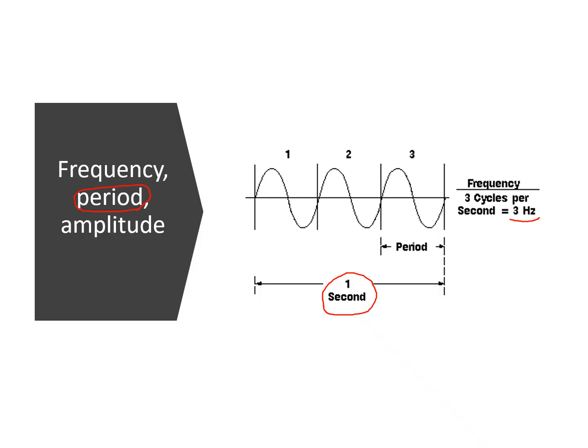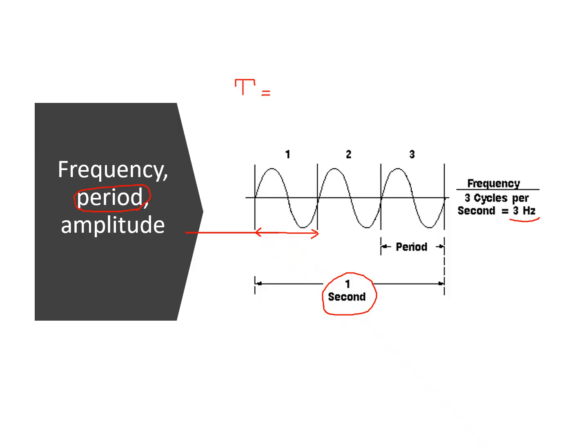So if this wave repeats itself 3 times in 1 second, can you say how much time it takes to repeat just 1 cycle? Yeah, that's easy. That would be 1/3. So this is the indication of period.